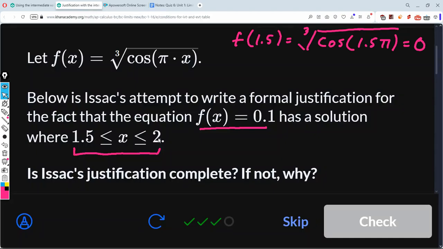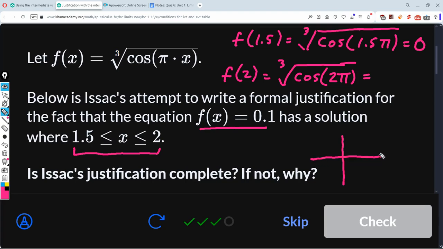And we also have to try it for 2. So I'm going to do f of 2. And that's going to be the third root of the cosine of pi times 2, or 2 pi. I don't even need the calculator for that one, because on the unit circle, you start right here at 0, you go counterclockwise. 2 pi is basically once around, so that's this point right here.